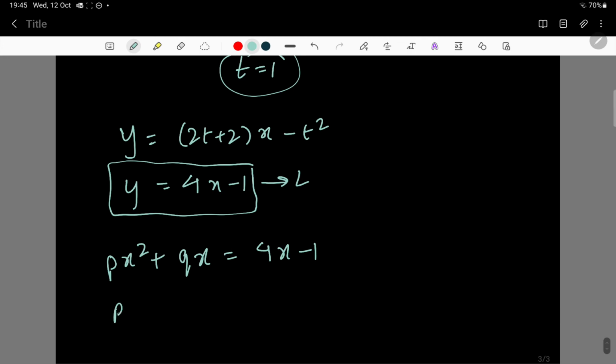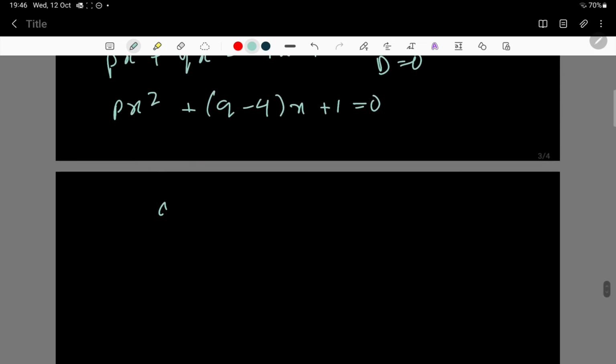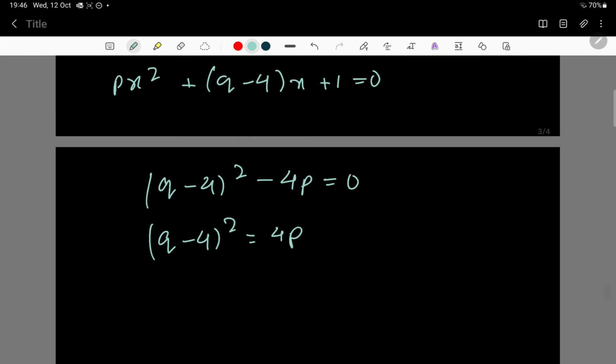Again discriminant 0, so px square plus q minus 4 x plus 1 equals 0. If I again make D equals 0, what we will get? Q minus 4 whole square minus 4p equals 0. So q minus 4 whole square equals 4p, right?